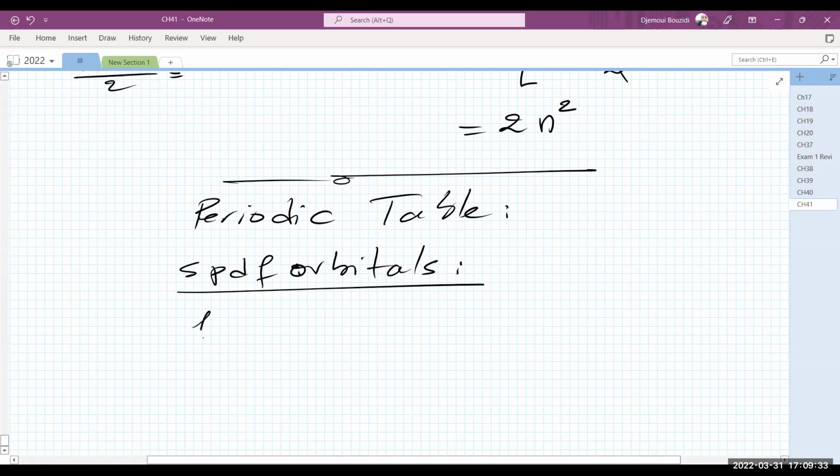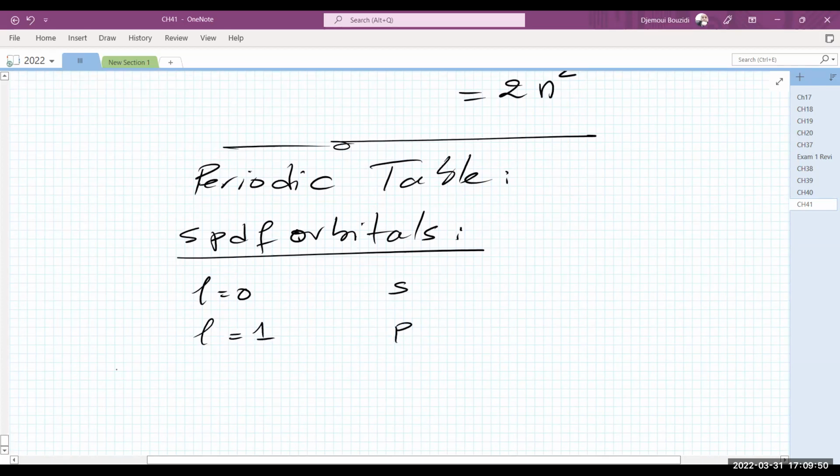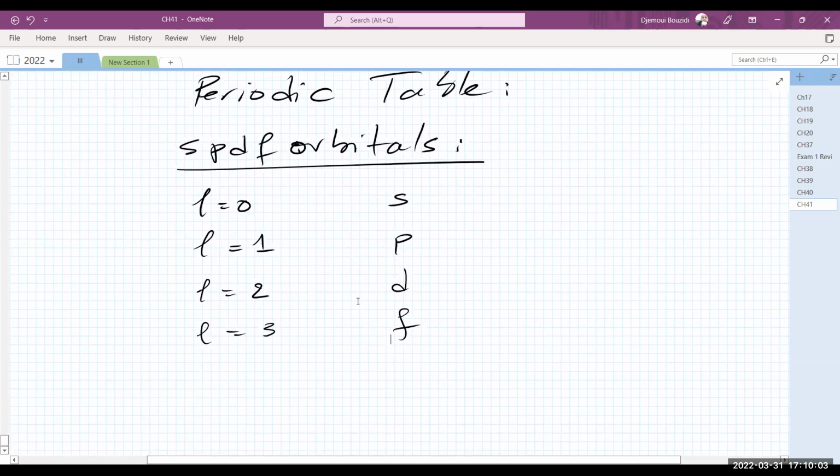Okay, so L equals 0 is always the s level. Lowercase s, because sometimes there is a different S in here that needs to be contended with. L equals 1, that is going to be your p. L equals 2, so it doesn't matter what n is, that is d. And then L equals 3 is going to be your f level or f orbital.